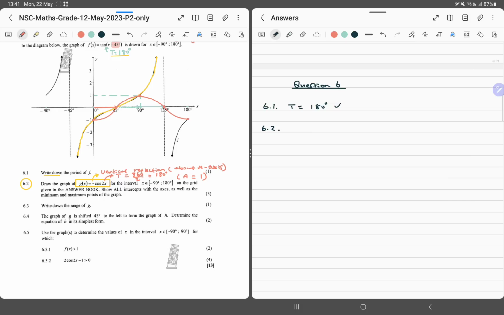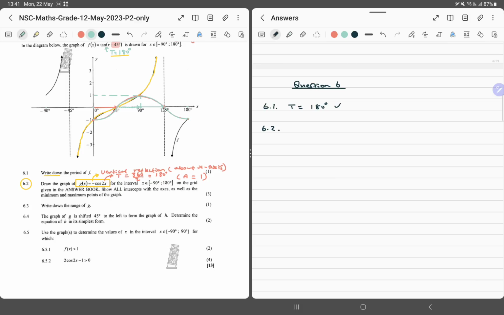So that is how our cosine graph is going to go. Maybe I should have chosen another color. All right. That's how a cosine graph would go.